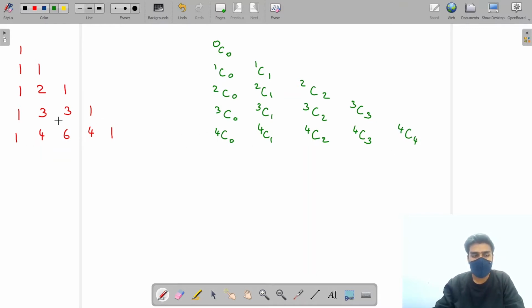So we can write this Pascal triangle like this, and when we solve the values of these numbers, we will get this Pascal triangle only.